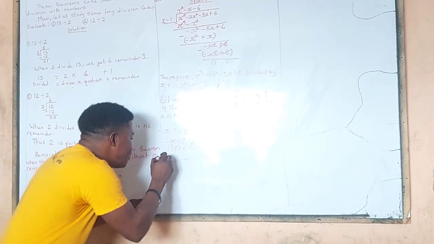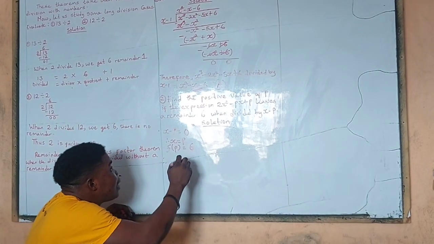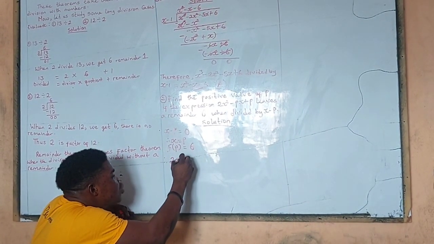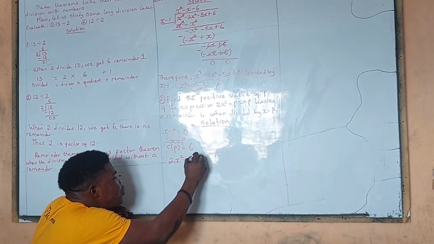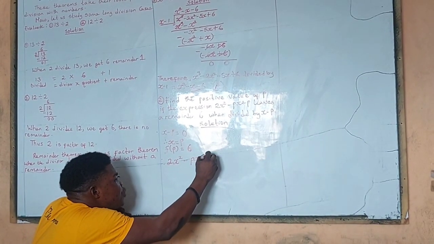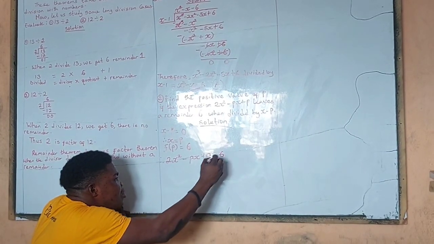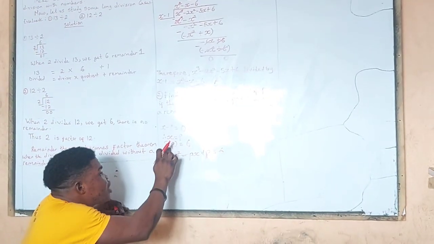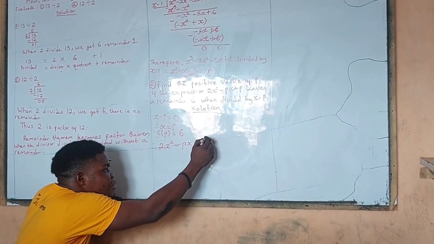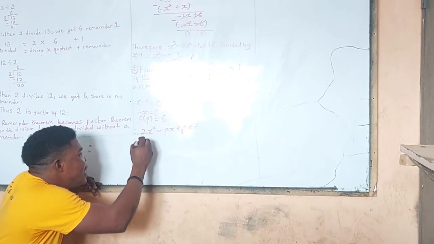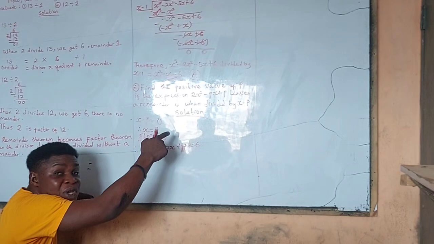So now, therefore, we have 2x squared minus px plus p, do we understand, equals 6. Now the function p equals the remainder, which is 6. From here, substitute x to be p.